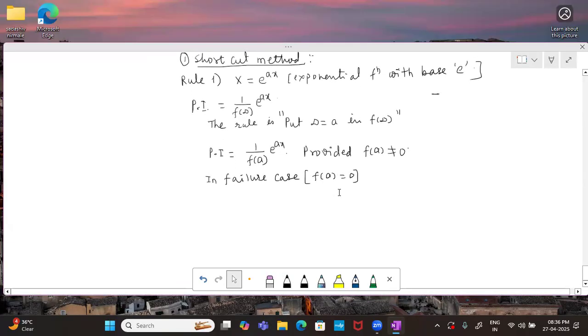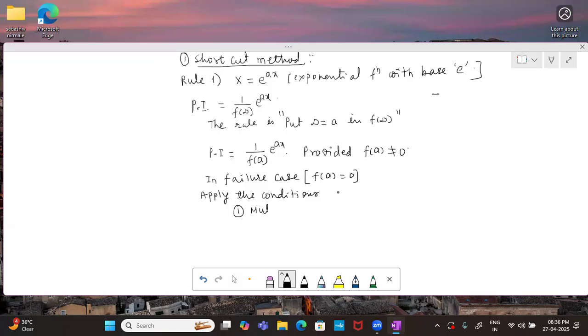In the failure case, apply the following conditions. Number 1, multiply outside the operator by variable x.